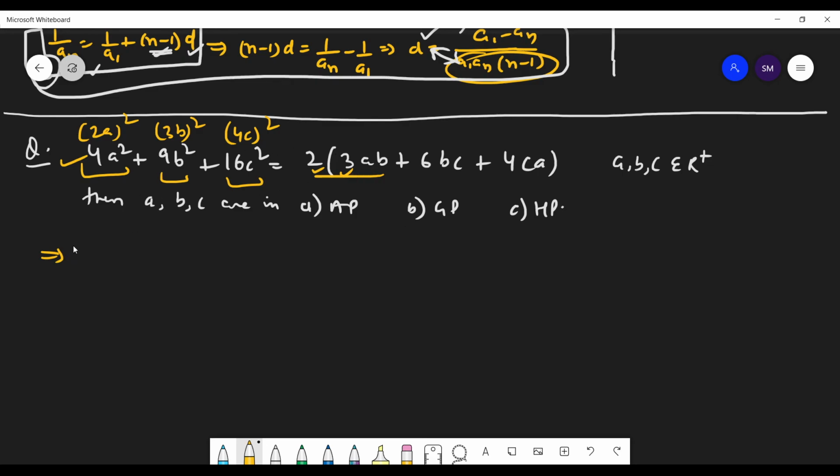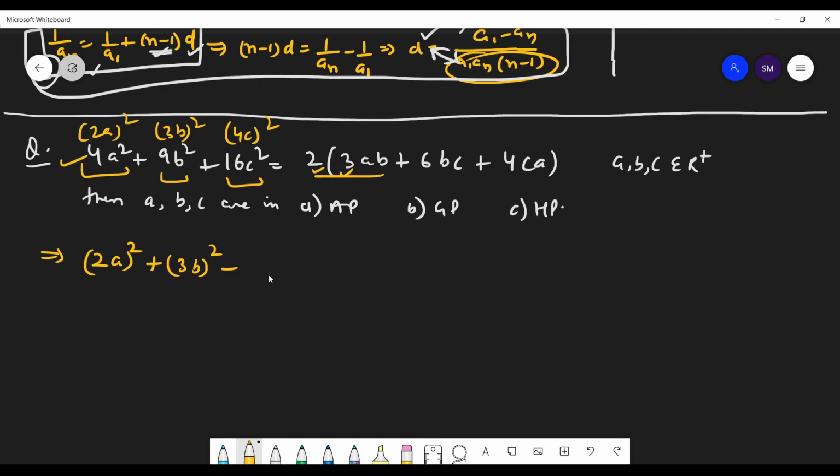Bringing these terms this side, what ultimately will you be getting? So 4a square, that's perfectly right, so let us write it as 2a whole square. And then you need 9b square also, so that's 3b whole square. And this term we are getting from this side.